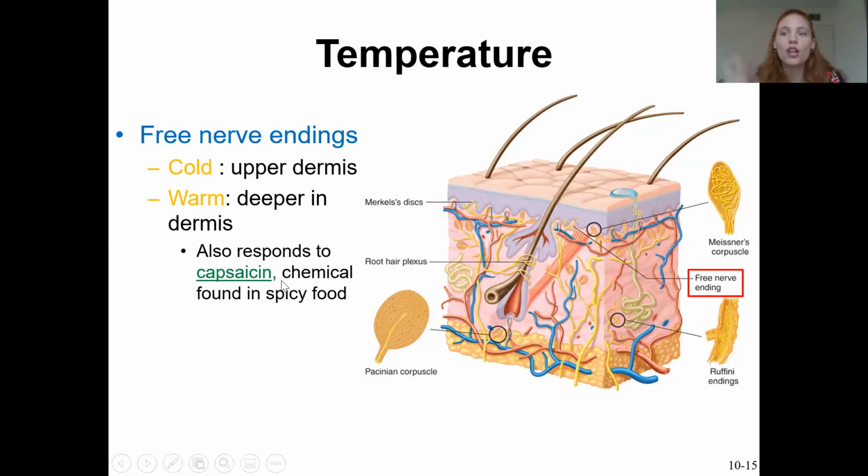The reason we call it hot is because it activates these warm receptors, and the sensation that goes to your brain is interpreted as warm, as hot. So even though it's a chemical, it activates those warm receptors, and therefore it's interpreted as a change in temperature, not a chemical, which is kind of interesting.